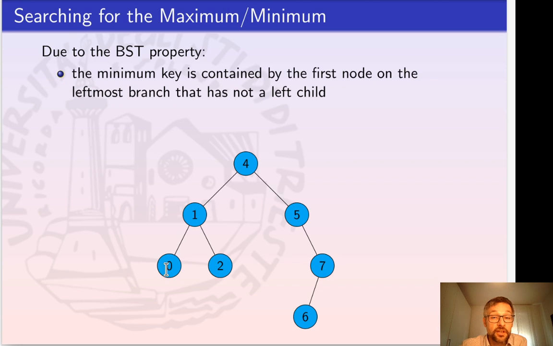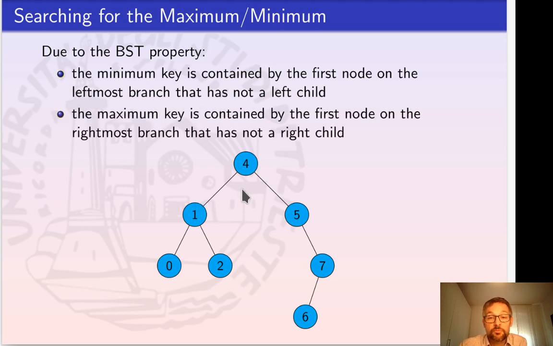Okay, so this node contains the minimum key among all the keys on the tree. And what about the maximum?